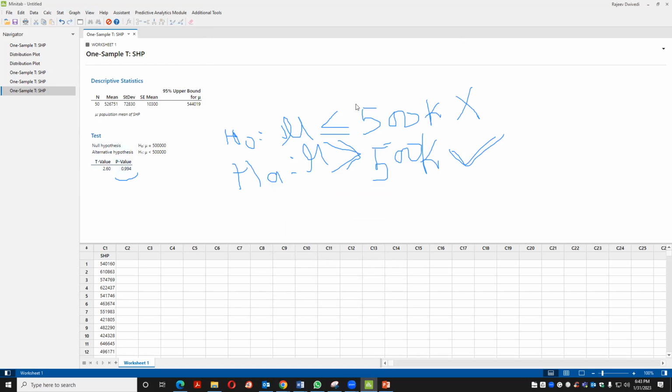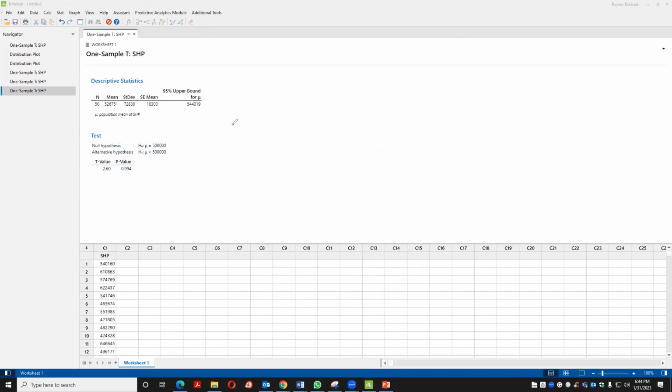So what is the null hypothesis in that case? So the null hypothesis says mu is equal to or greater than 500, I have to put both signs like this, and the alternative is mu less than 500.